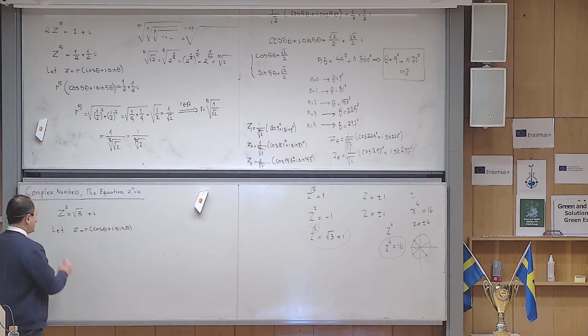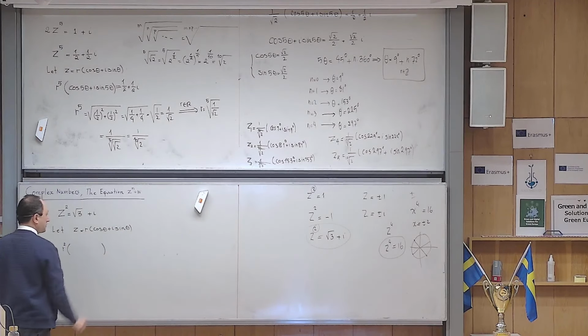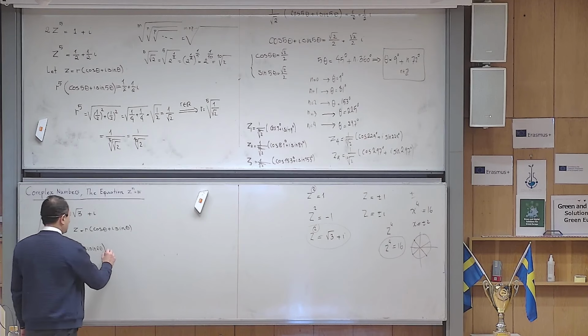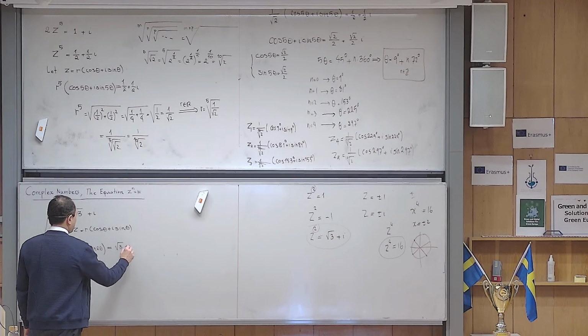So r goes to the power of 2, but instead of putting the power of 2 outside the pair of brackets, 2 will be multiplied by the argument. Okay? And then this becomes equal to square root of 3 plus I.